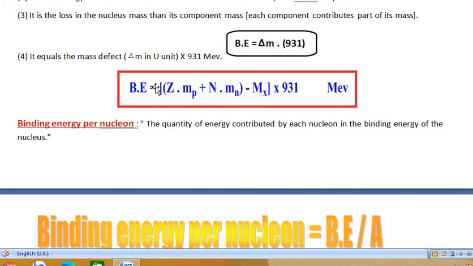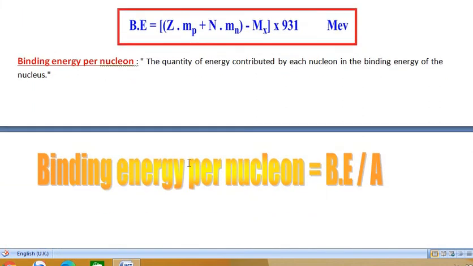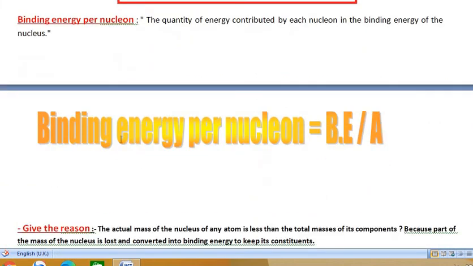All this in the bracket is delta m. Then multiply this delta m by 931 as stated in this law. Also, you can calculate the binding energy per nucleon, BE over A, where A is the mass number.